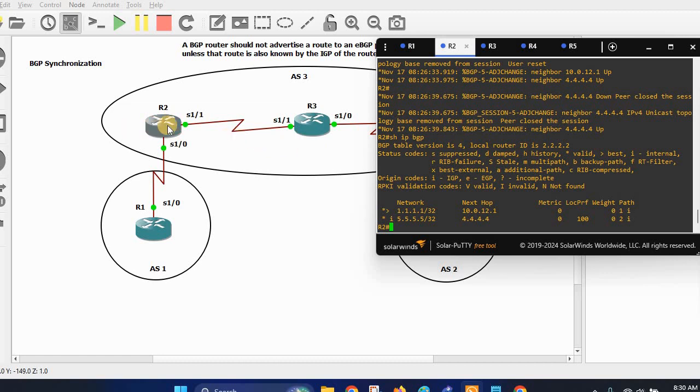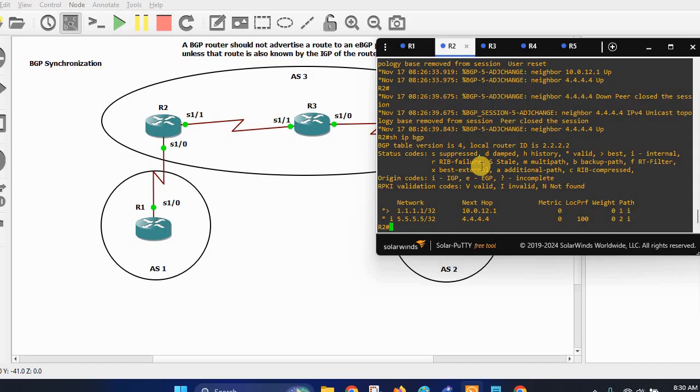OSPF doesn't know about the 5 network, that BGP network. So R2 does not learn that 5 network in OSPF, so it will not be advertised to R1. So it is not a best path.